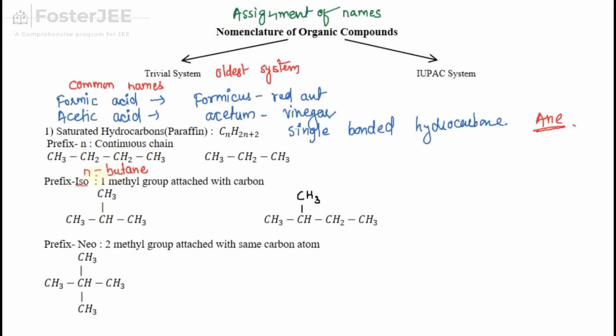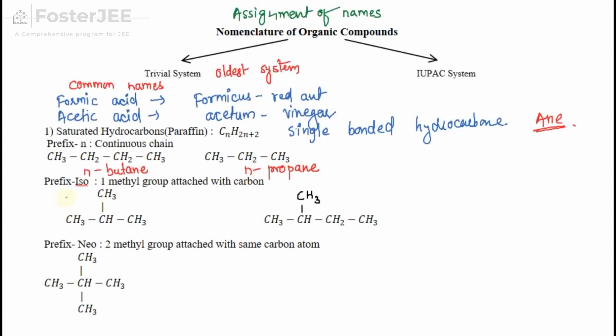So the name of the compound is n-butane. Similarly, the name of this compound is n-propane because there are 3 carbon atoms linked with single bond. Now the next prefix is iso. When one methyl group is attached with the carbon chain, then iso is used as a prefix.